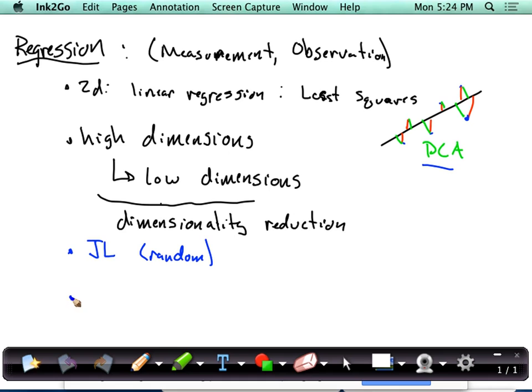The other thing we're going to do in this lecture is talk about the compressed sensing problem. What compressed sensing is doing is making a different kind of assumption about the model.